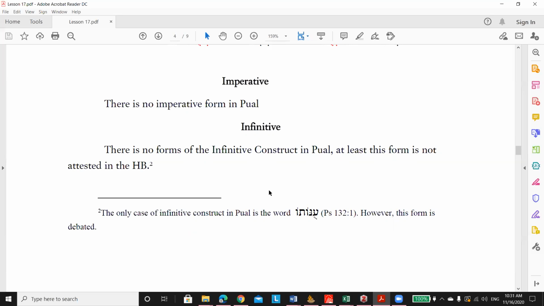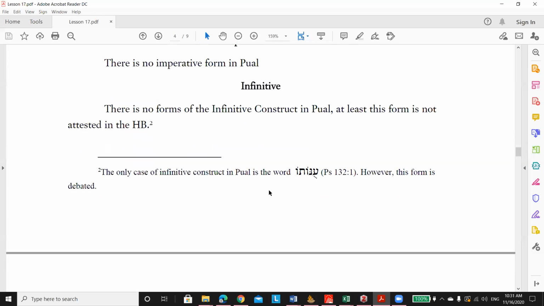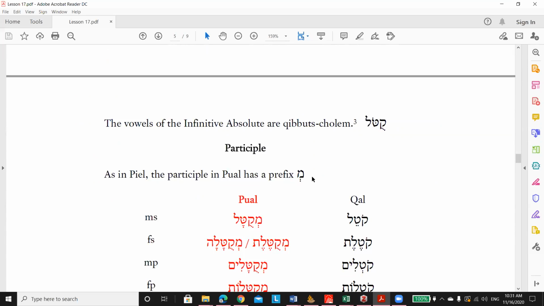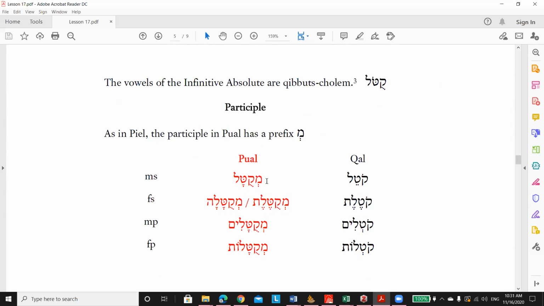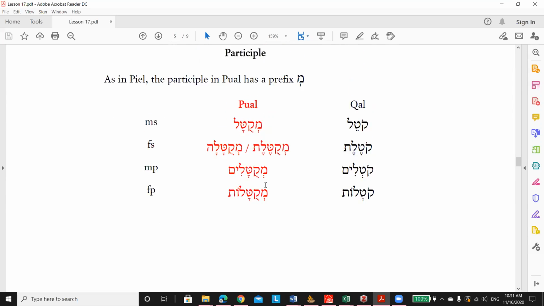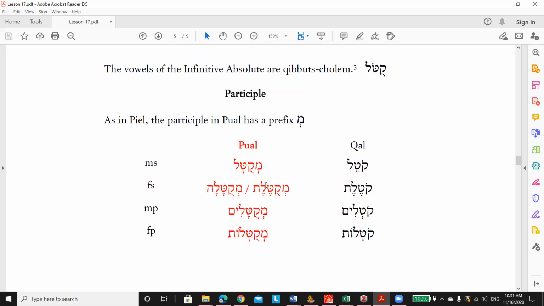So for us, it is better to assume that there is no form of infinitive construct or infinitive absolute in Pual. And participle is formed the same way as for Piel. We just need to add the mem prefix, and we will have a participle. And of course, the same verbs that occur in Piel most often occur in Pual.